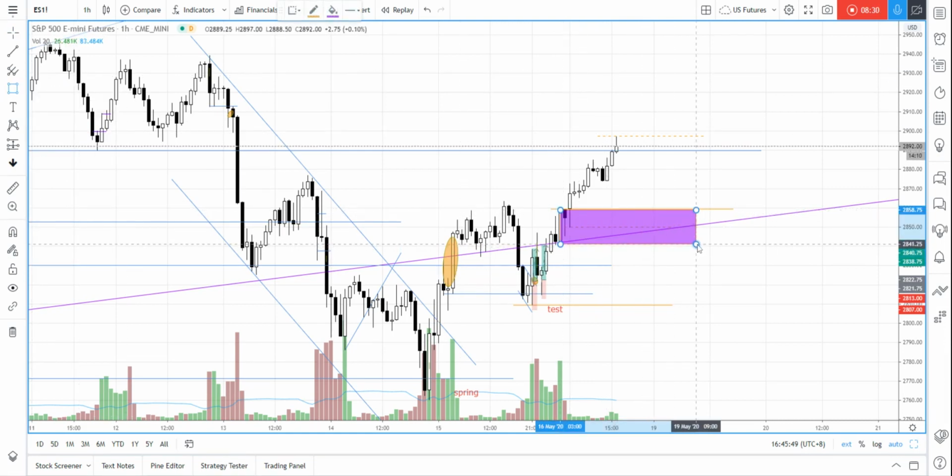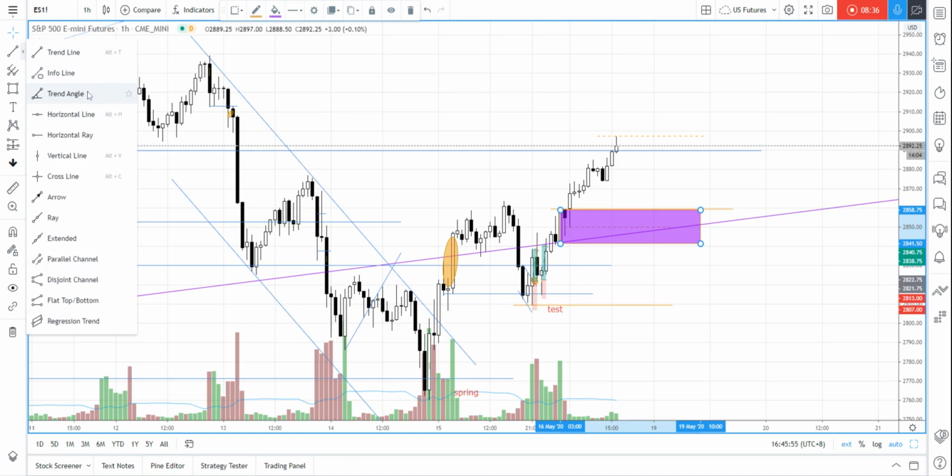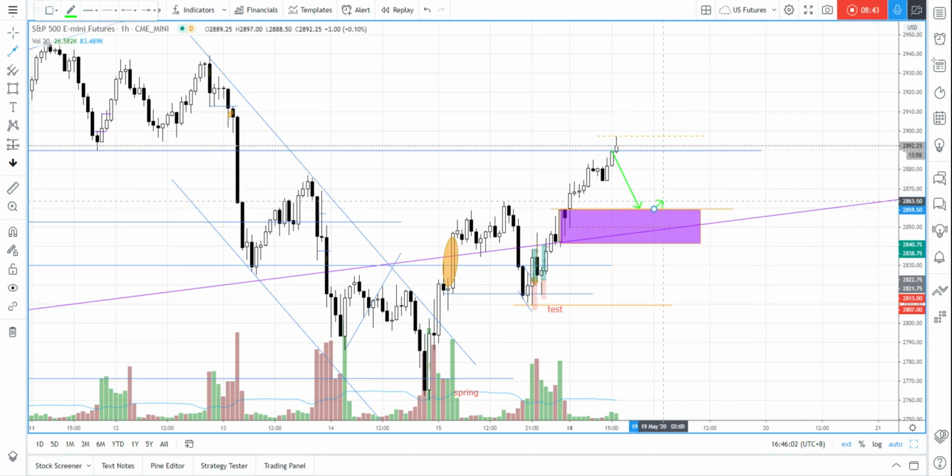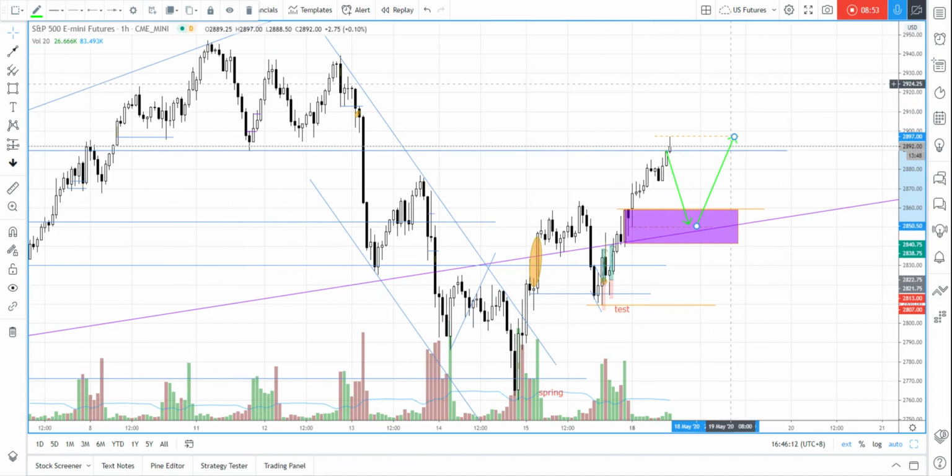So this is the zone that I'm looking for. If the S&P 500 does something like this, has a pullback and rebounds from there, then I can probably initiate a long entry to anticipate continuation of the uptrend to test higher targets.